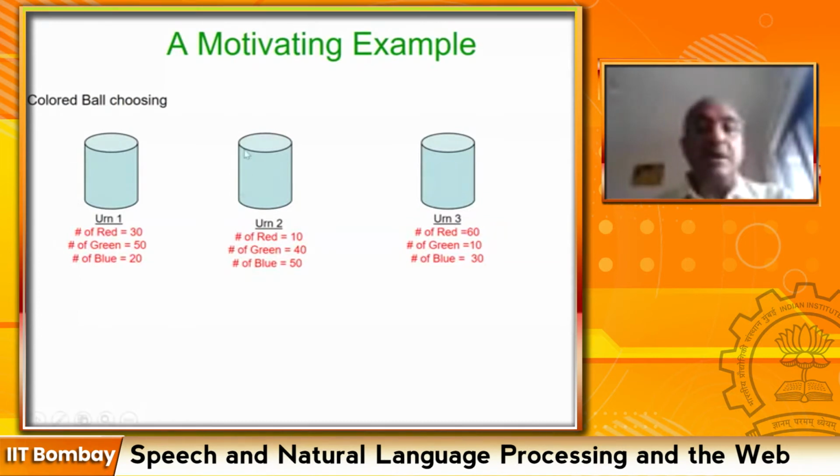The random variable of choosing the next arm is controlled by what is called transition probability, arm I to arm J, and the random variable of which ball comes out from that arm is decided by what is called the observation probability or emission probability. So picking a ball given the arm and the next arm given the current arm, these two are the predominant probabilities.